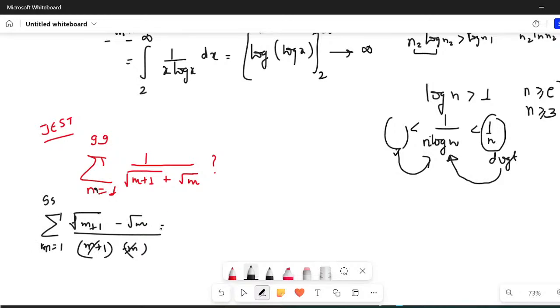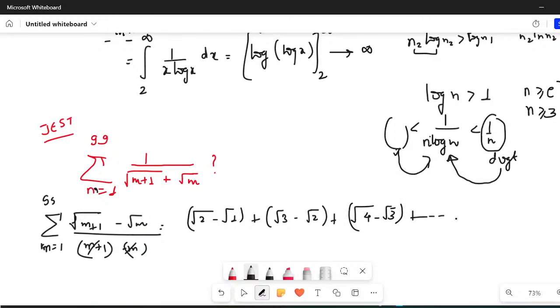So I will simply get root 2 minus root 1, plus root 3 minus root 2, plus root 4 minus root 3, plus so on and so forth. Using the last terms, this will be root 99 minus root 98, and then for 99, this would be root 100 minus root 99.